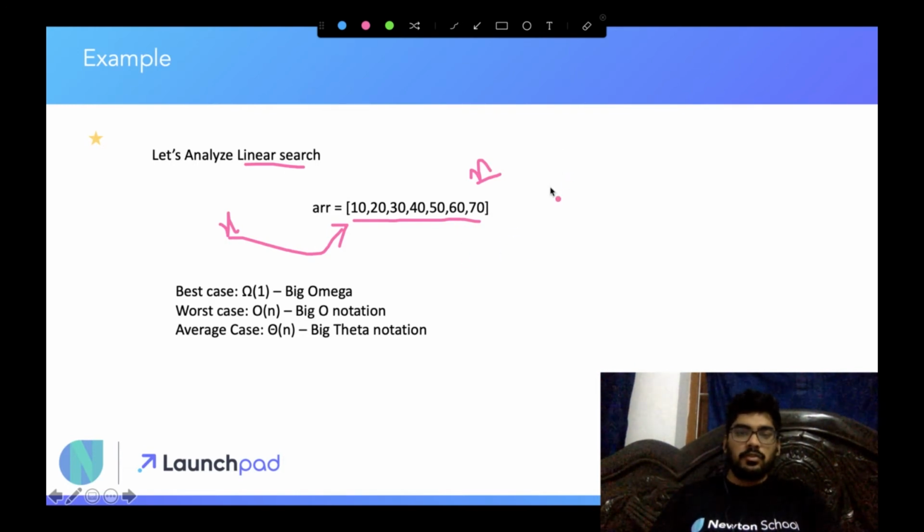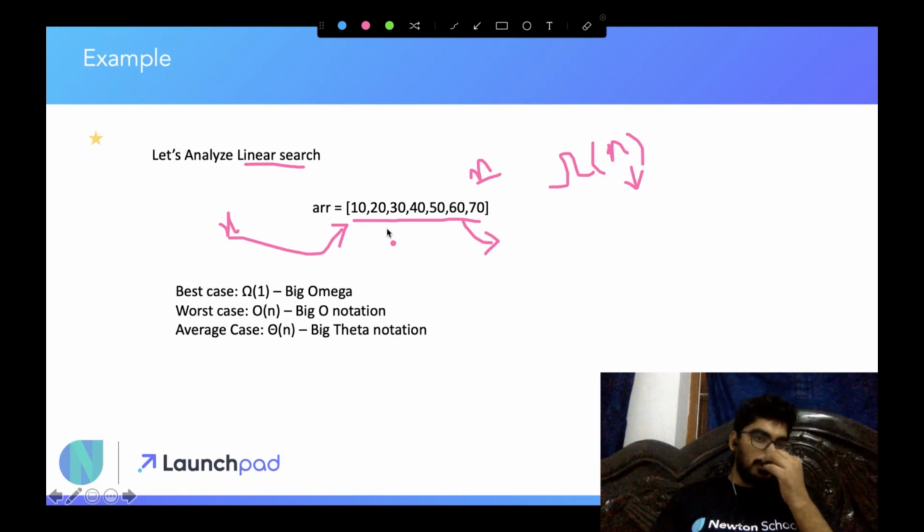So remember, we used to talk about omega n. So what is omega and what does this n mean? Basically this means the best case. Best case means what is the best case for our program to run. So let's think about the best case. Suppose the value of x is 10.